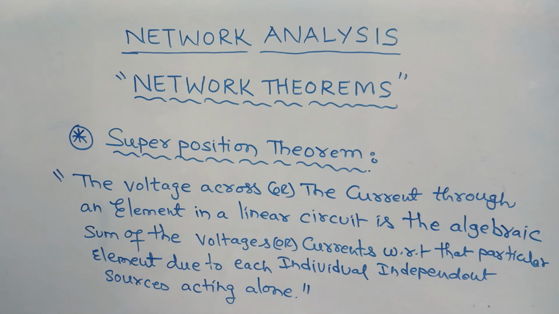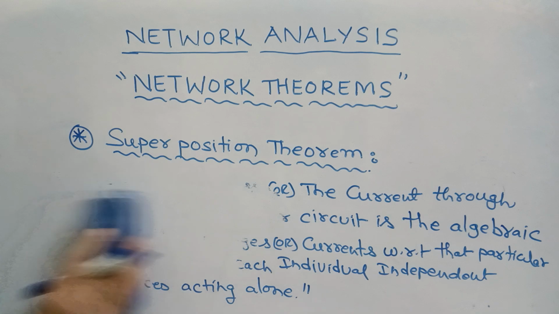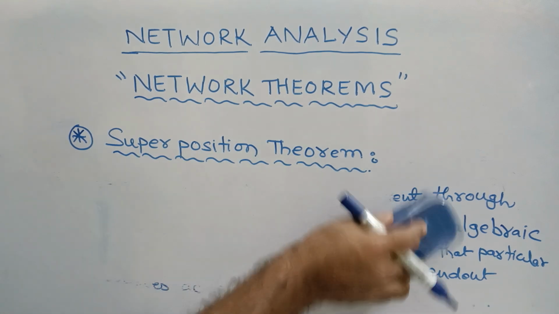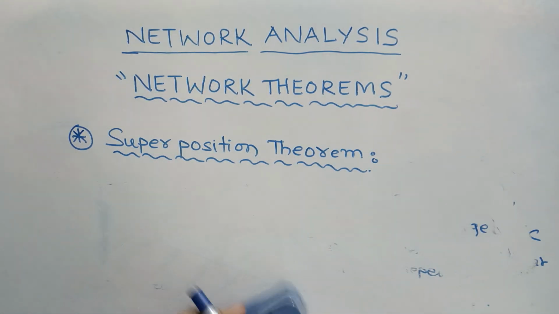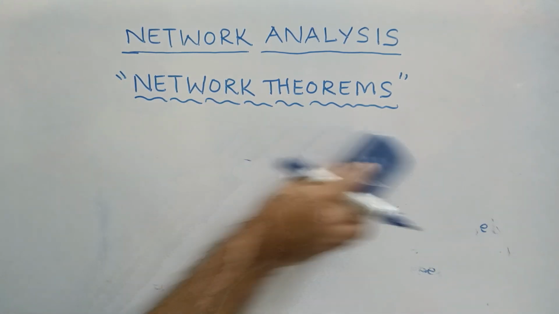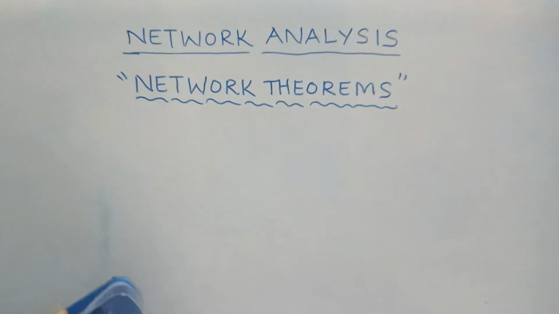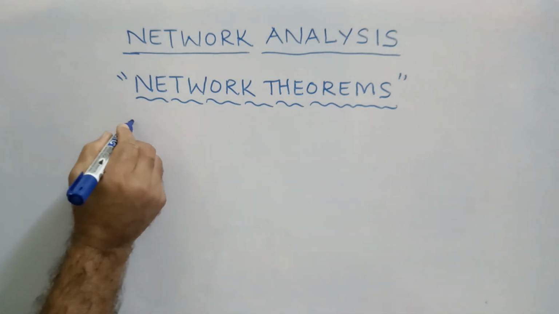It is very simple. Let us consider a small example so that we can understand the superposition theorem very easily. So let us take a simple example to understand the concept. I have a simple circuit.